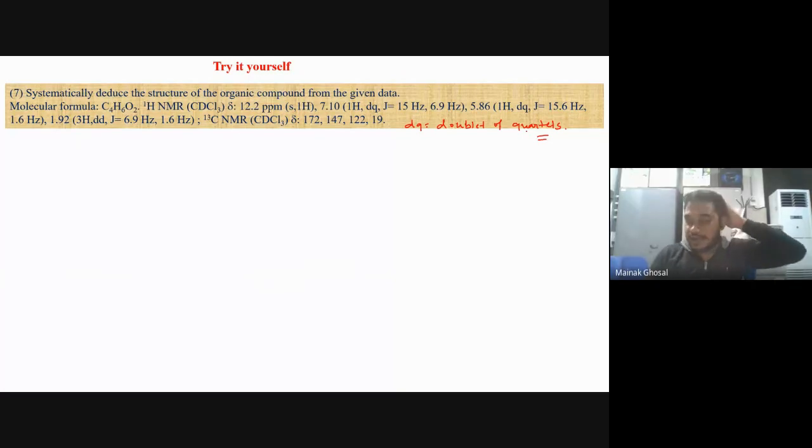Try to solve this and match it with the carbon spectrum. We'll start the next session by solving this question, and we'll solve many more questions with inclusion of the mass spectrum.